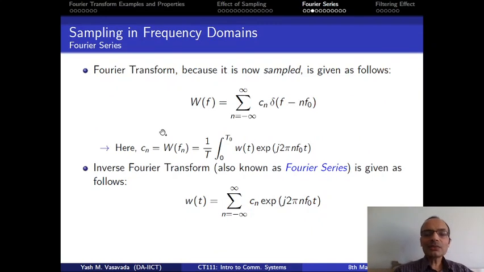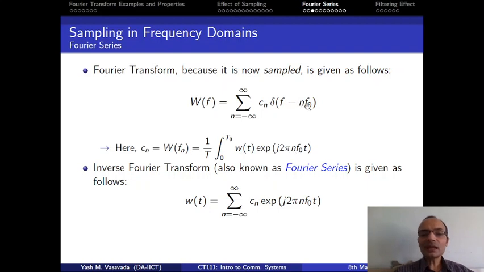Now the Fourier transformation, because it is sampled, is given essentially as a train of impulses which are f0 hertz apart. Additionally, each of these impulses has a weight, which is denoted here as C of n. And the C of n is nothing but the Fourier transformation of this periodic signal w(t), evaluated at n times f0.